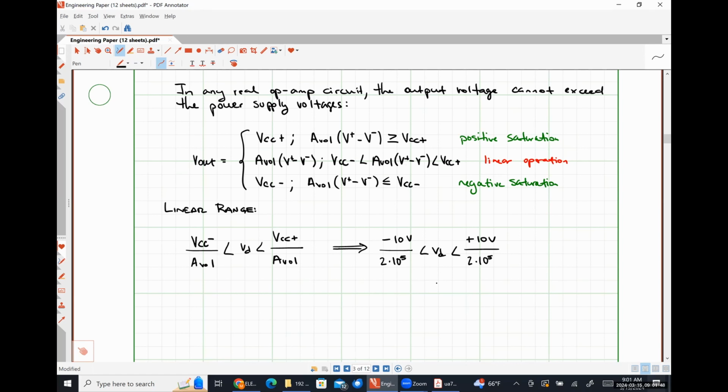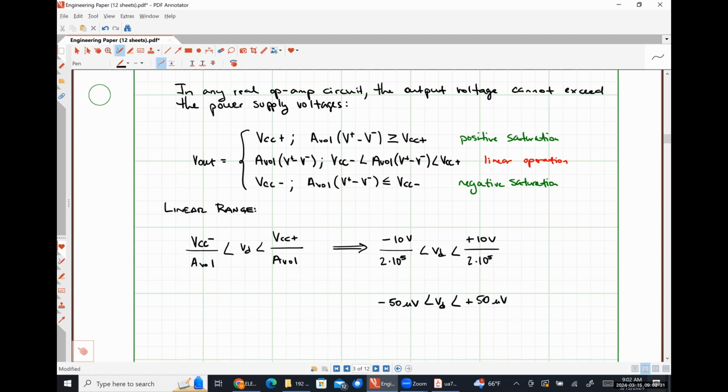Negative 10 divided by 2 times 10 to the 5. Let me divide that by 1 times 10 to the minus 6, so that I can put it in terms of microvolts. So this is effectively negative 50 microvolts, positive 50 microvolts. So this is the range of input signals that my 741 op amp should be able to linearly amplify. Okay.